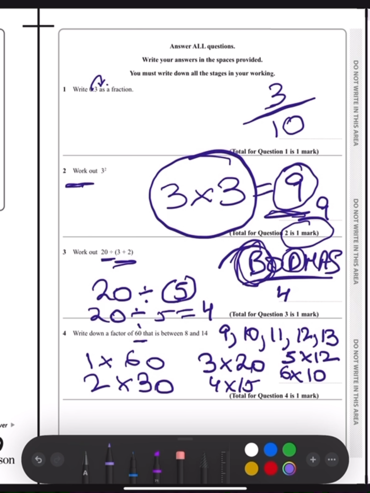So we leave all of them out. But when we look at numbers 5 and 6, what are they being multiplied by? Those are again factors, much smaller than 14 but fitting in the category of being bigger than 8. So being in the middle of 8 and 14 simply means that these two numbers, 12 and 10, would be the factors of 60 between the numbers 8 and 14. So the answer for this would be 12 and 10, and that's it.